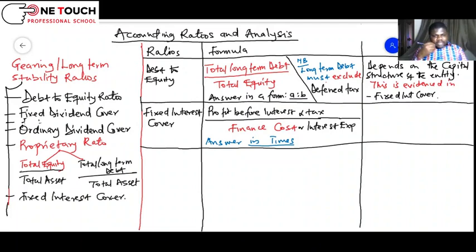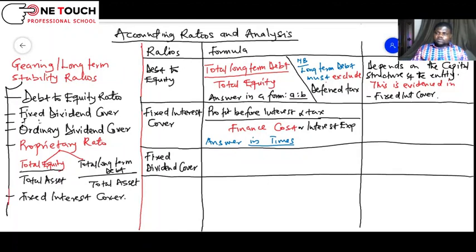Then we have the fixed dividend cover. The number of times the profit available to pay dividend covers that dividend. So for fixed dividend cover, we are looking at the dividend that is fixed. So we are looking at irredeemable preference dividend.